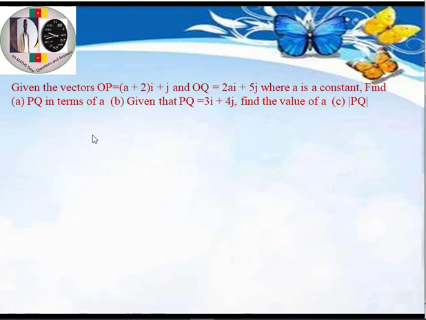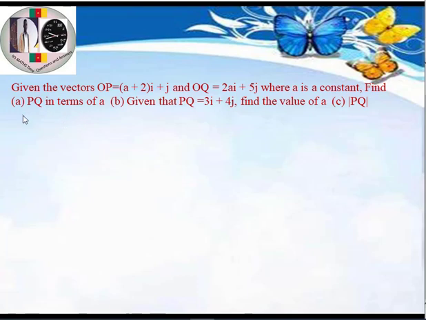So the question says they give us a particular vector OP, and the vector has component a plus 2 in the i direction plus 1 in the j direction, and another vector OQ, and the vector has component 2a in the i direction and 5 in the j direction, where a is a constant.